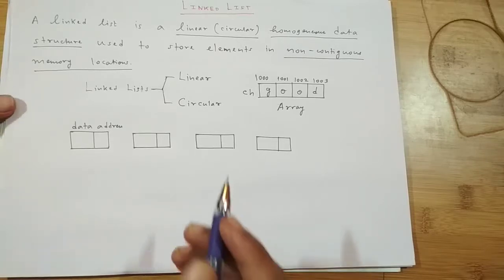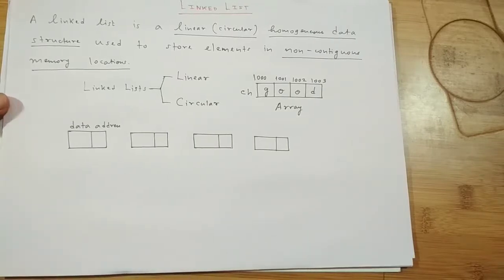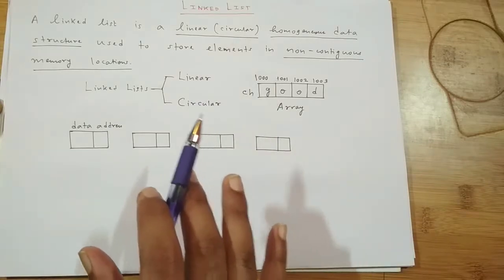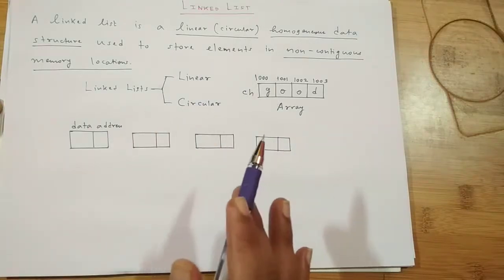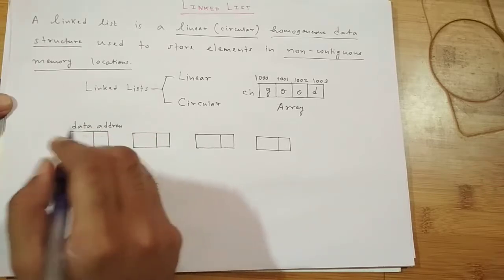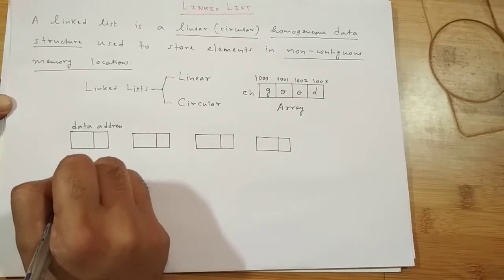Now, for linked lists, these blocks of memory need not be contiguous, need not be present one after the other. They can be present throughout the memory map, not necessarily in increasing or decreasing order. So let's say the first node that we have here has an address of 2000.